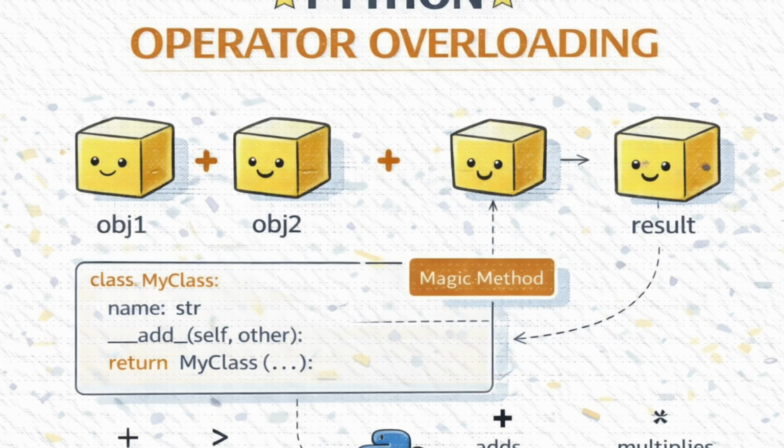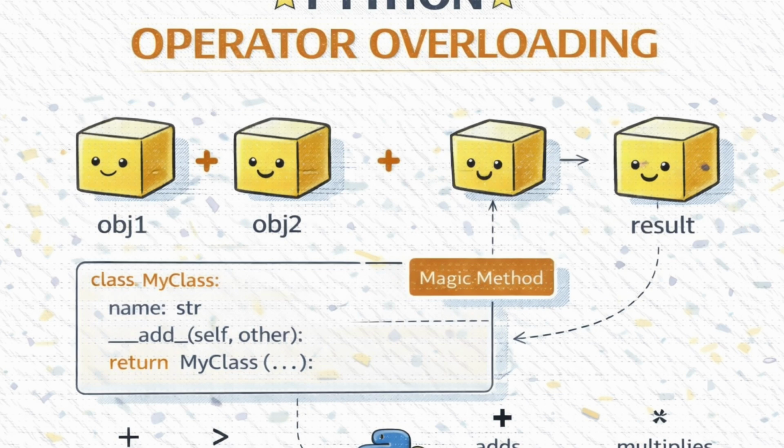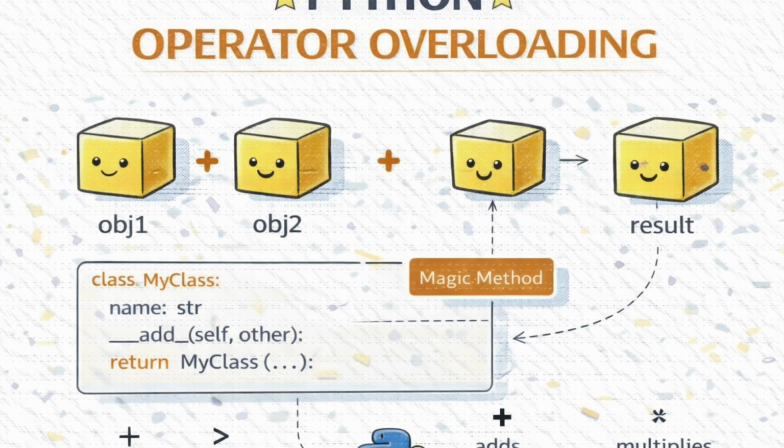But what's really fascinating here is that we often think of this just for math symbols, but the system applies to so many non-mathematical actions too. That's a great point. Let's look at the methods that handle interaction with built-in Python functions, because these are absolutely essential for making a class feel native. The most common one has to be len. If I have a custom object that represents, I don't know, a curated collection of data.